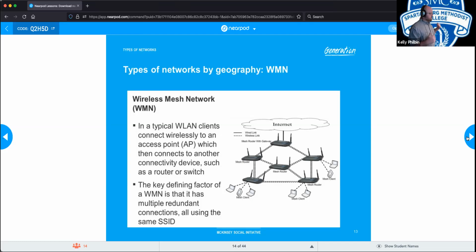And as you are leaving the connection of one and get a better signal in the other, your device will seamlessly jump to the other device, allowing you to create a coverage area much larger than you possibly could with a single wireless LAN. So you're creating this mesh network out of multiple access points.